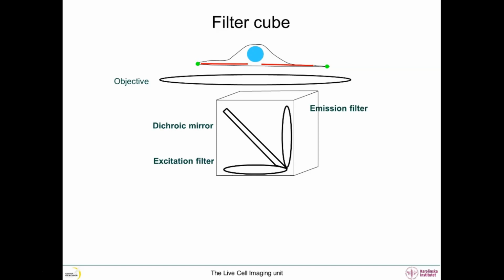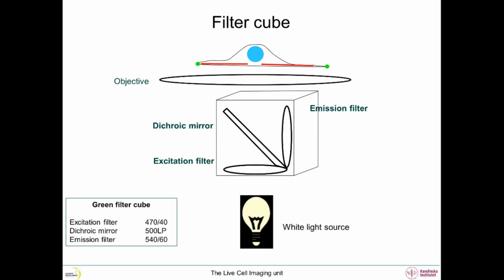All 3 types of filters are required when the light used to excite the fluorescent sample comes from a lamp that emits white light. Typical examples of these lamps are mercury and metal halide lamps. In our example, the filter cube used to image green fluorophores like FITC has the following specifications.